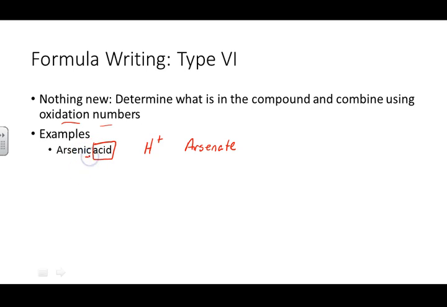We're taking IC and we're going to ATE. Arsenate is AsO4. So we look this up and we're going to find that this has a -3 charge. So we have a +1 and a -3. So bring the 3 to hydrogen, H3, bring the 1 to arsenate.